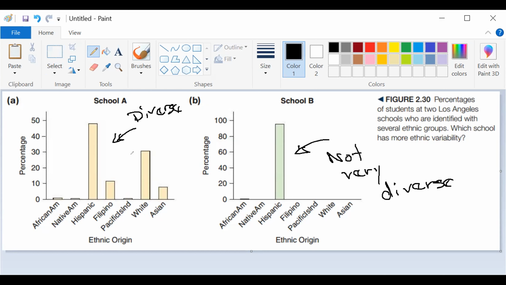information that was collected. If you were to look through the survey data that was collected, you'd see Hispanic a bunch of times, you'd see Filipino a bunch of times, you'd see white, and you'd see Asian a bunch of times. So you'd see a lot of different possibilities, and there's a lot of variation in the data itself. Meanwhile, if something is not very diverse, that's another way of saying it doesn't have much variability. If you look at the actual data, there's not much variation.